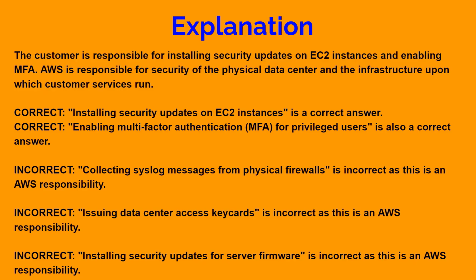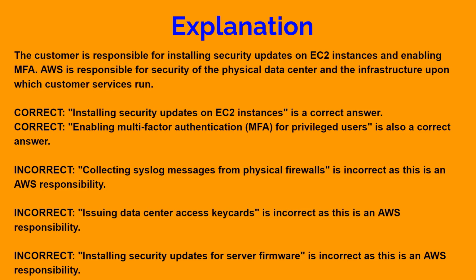Explanation. The customer is responsible for installing security updates on EC2 instances and enabling MFA. AWS is responsible for security of the physical data center and the infrastructure upon which customer services run. Correct. Installing security updates on EC2 instances is a correct answer. Correct.